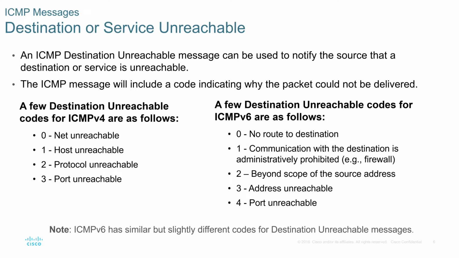You'll notice that they are very similar, but there are slightly different codes for the messages returning to us, such as code 3 for port unreachable in ICMPv4 and code 4 for port unreachable in ICMPv6.